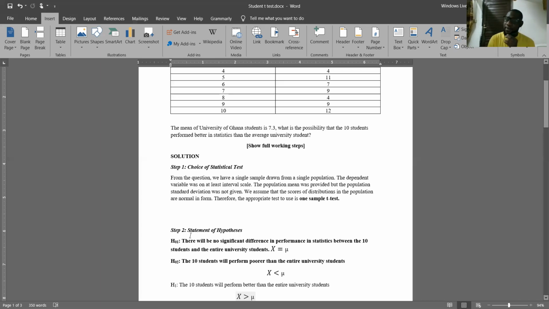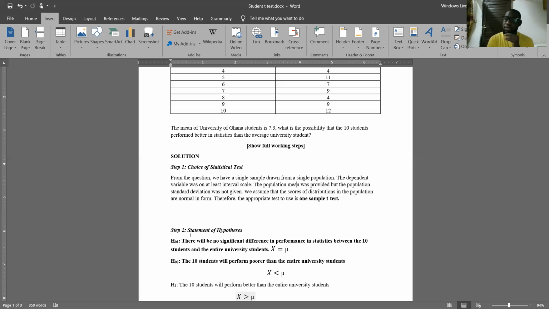Apart from this, we've also stated another hypothesis for H0 by indicating that there will be no significant difference. We're emphasizing that there will be no significant difference. It's more or less like we're telling the reader that between the two groups, their performance will be the same or they will be equal.